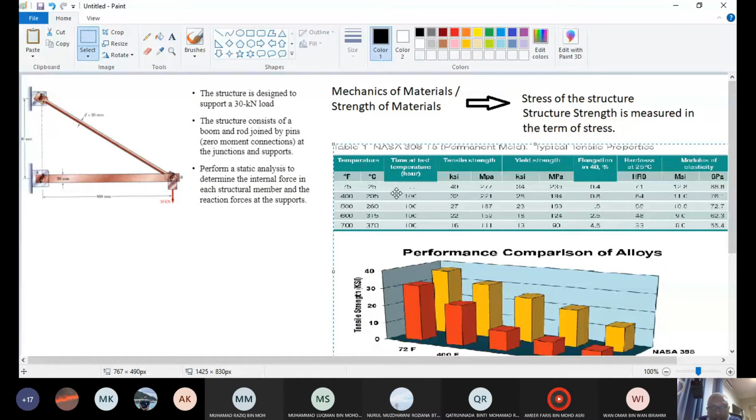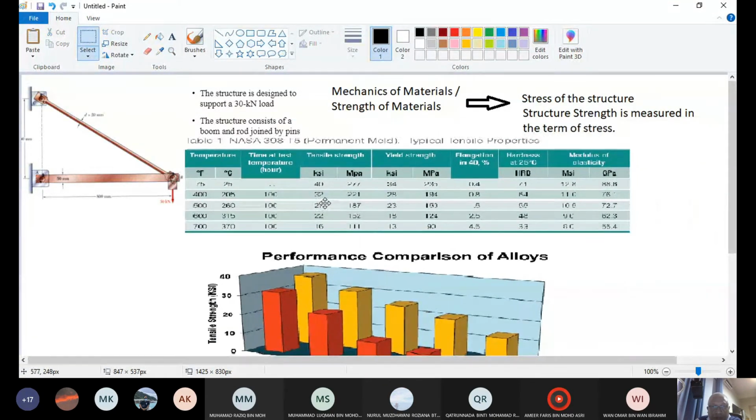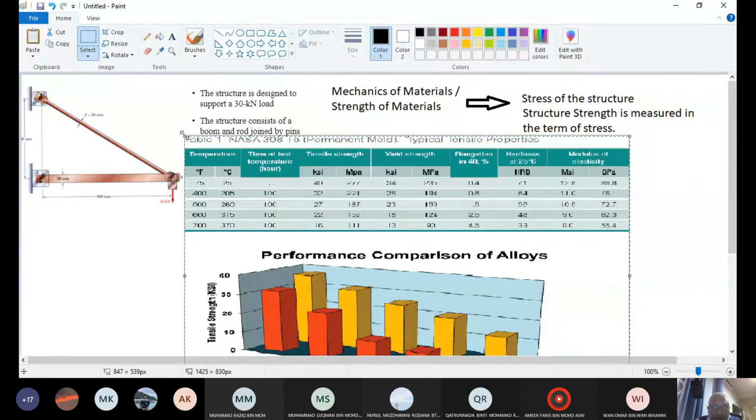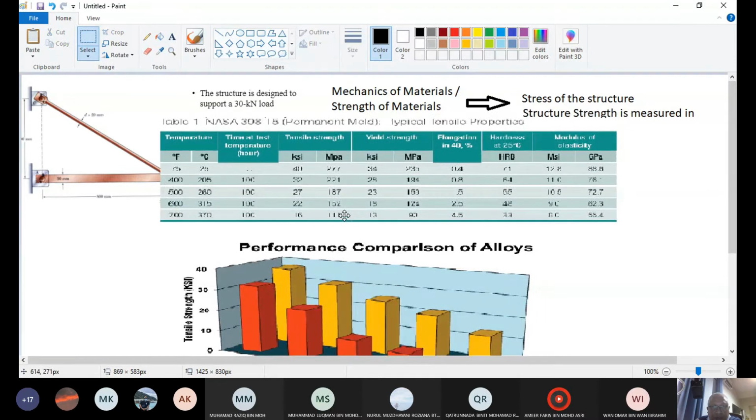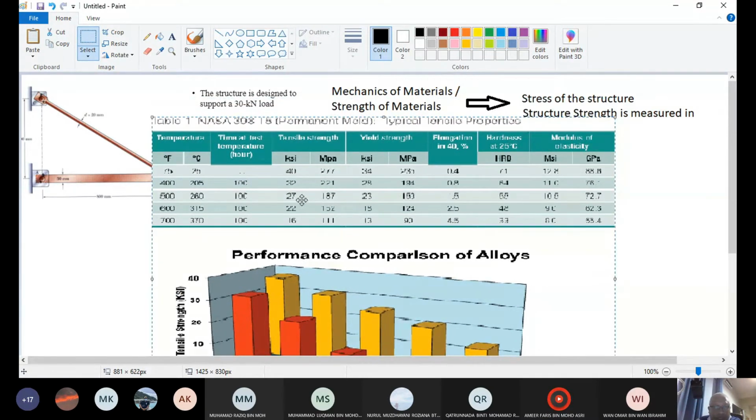So why? Because let's see this example. This is aluminum alloy. Let me open the big one first. You can see this aluminum alloy. You can see the temperature, tensile strength, yield strength, and we just focus on these two. You can see the unit.